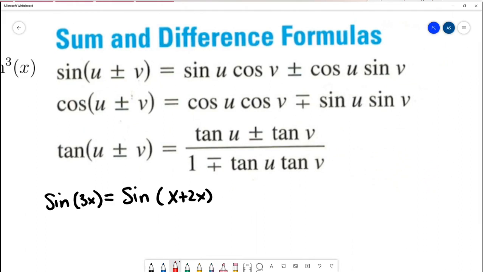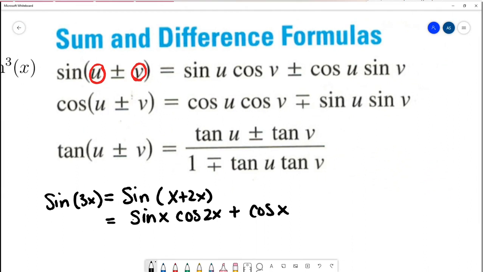So I'll treat x like u, 2x like v, and that will give sine x cosine 2x plus cosine x sine 2x. And then I want to bring in the double angle identities and simplify cosine of 2x and sine of 2x.